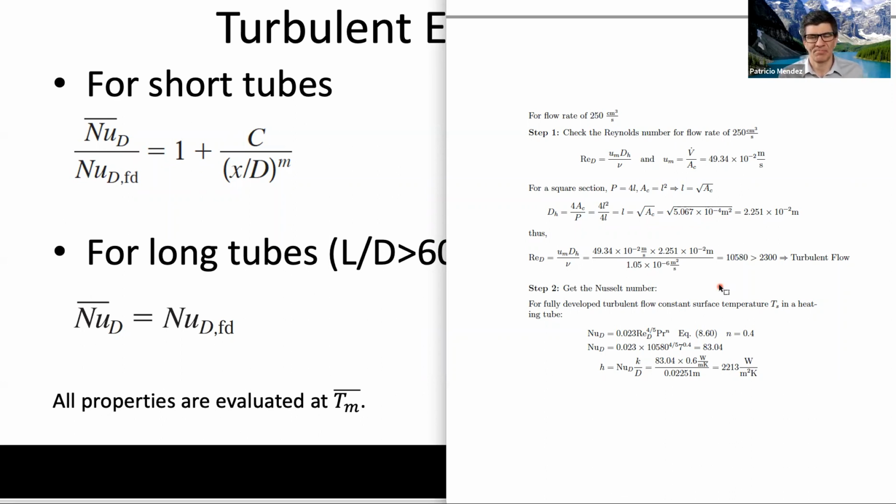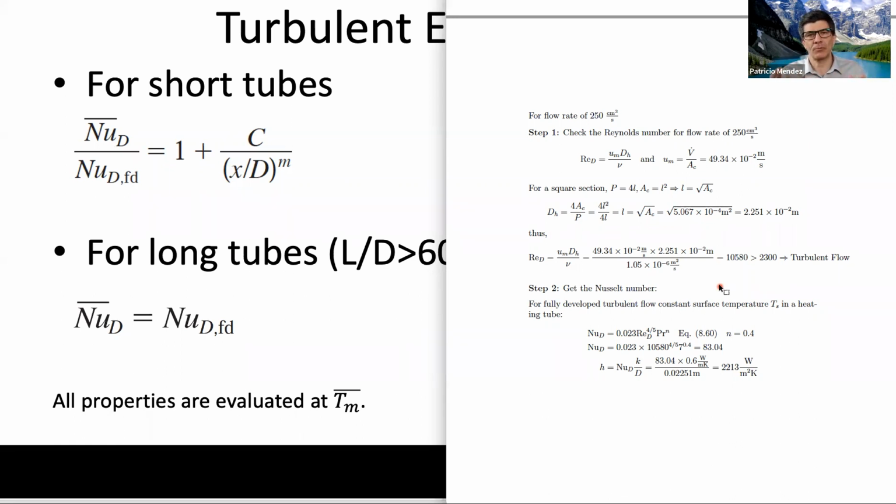And we calculated also the entry length, and the difference in convection coefficient in laminar flow between the fully developed flow and the entry length. And we saw it was quite big. The entry length was a lot better.